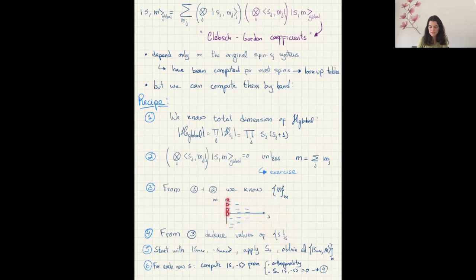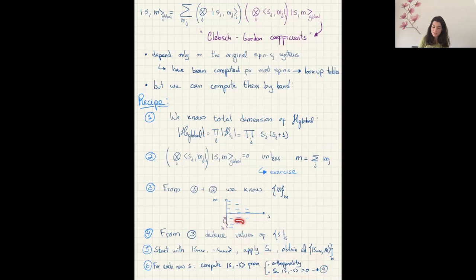You can just count how many M's you have for each S. And then you start with the lowest one of them all, and you apply the S plus to go up. Okay. Just like we did before, apply the S plus, apply the S plus. And then you get all these states in a column, right? And then you need to go to the next column, so the next value of S. So again, you take the lowest value of M allowed, and you need to look for this orthogonality, and you need to look for a state that if you apply S minus gives you 0, right?